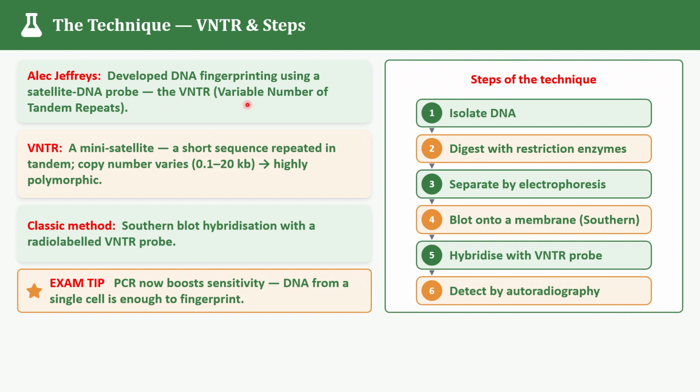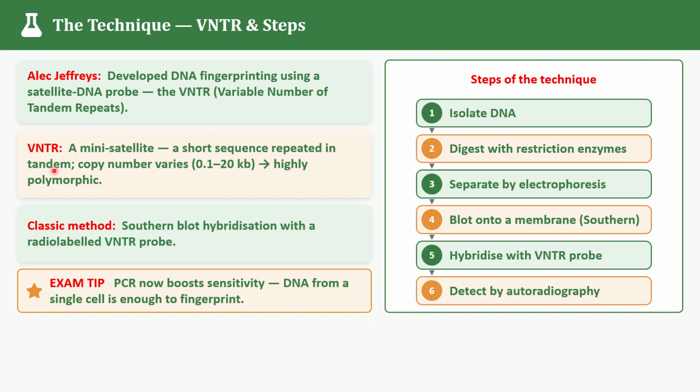VNTR is the variable number of tandem repeats, and it belongs to the minisatellite class of satellite DNA. Here a small DNA sequence is repeated many times in a tandem arrangement.